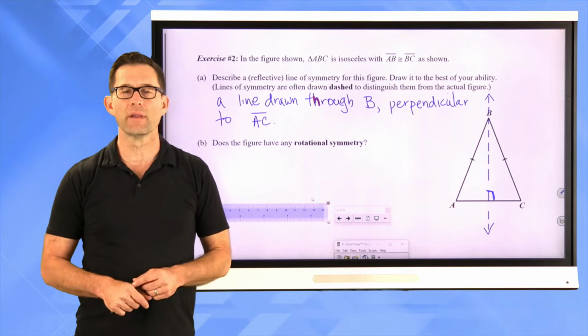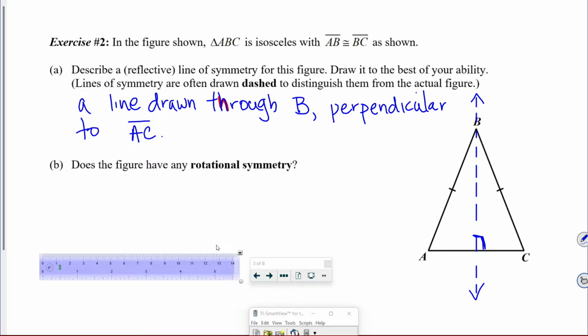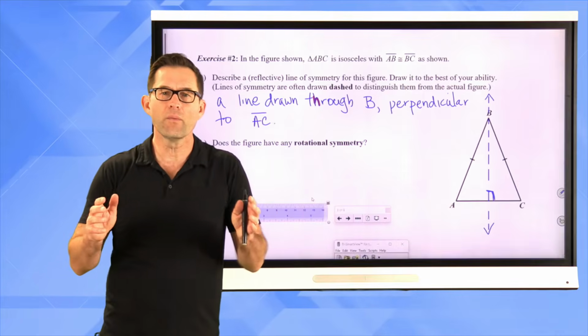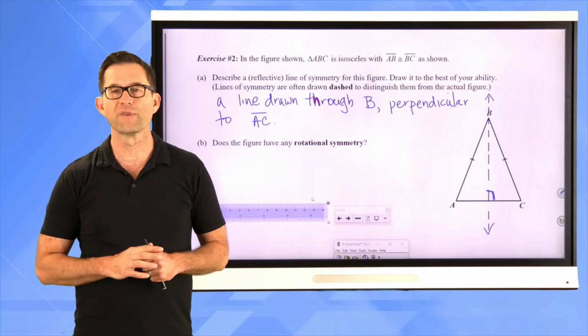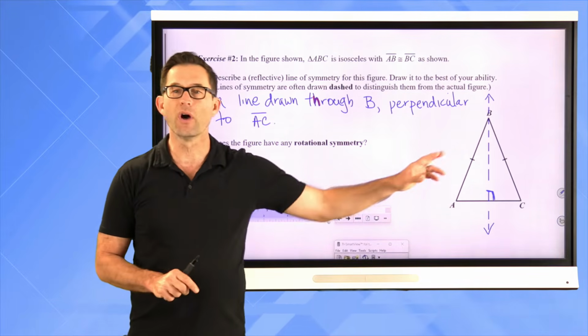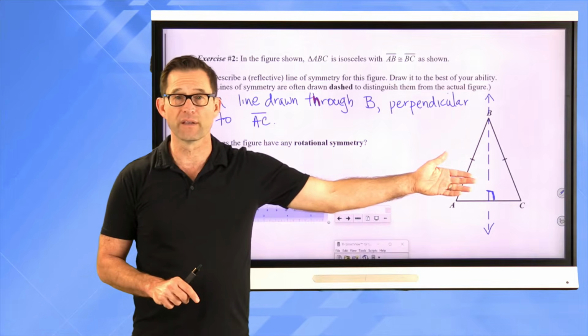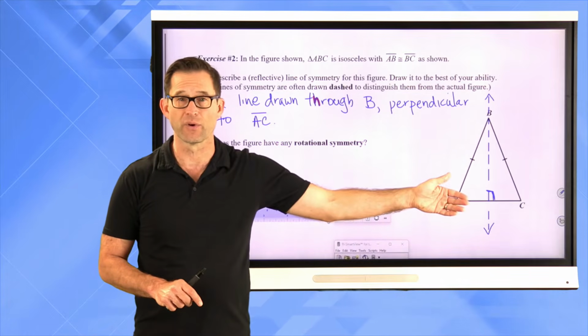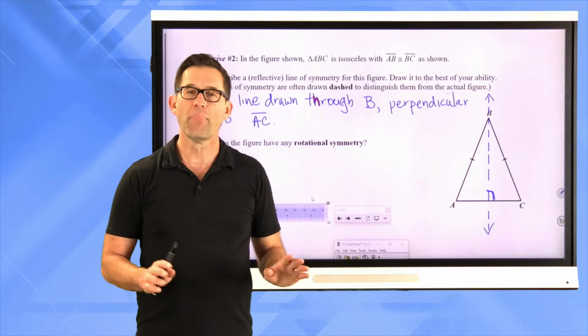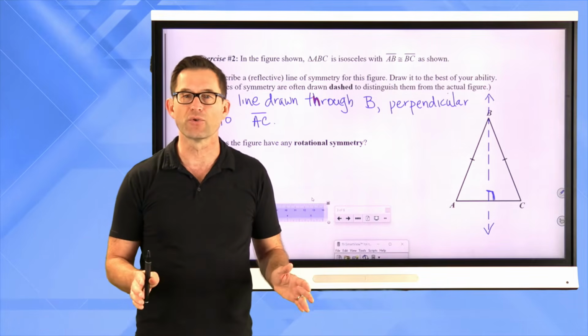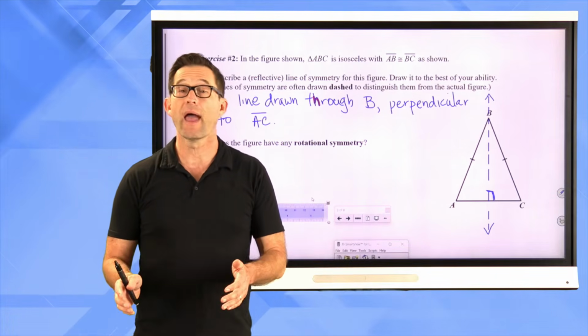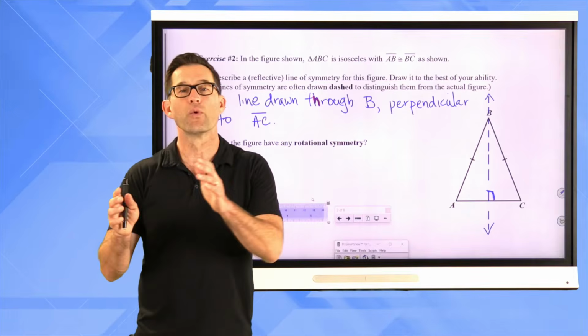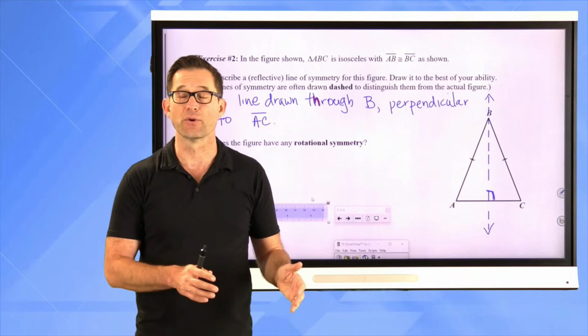All right, let's take a look at letter B. Does the figure have rotational symmetry? So, you know, in previous courses, when you've worked with symmetry, you've almost always just worked with lines of reflective symmetry, or lines of symmetry, as they're called, okay? But there's two major types of symmetry: reflective symmetry and rotational symmetry.